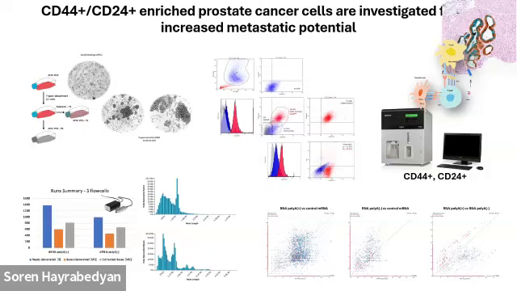So we enriched one cell line, PC3, which is a prostate cancer metastatic cell line. It's a bone marrow metastatic line. Through a cultivation protocol, we enrich this for stemness, stem cell markers, and we validate this and also stained these cells for CD44 and CD24.